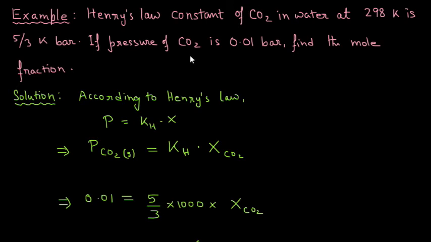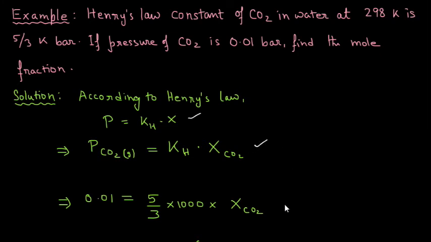Let us see one more example. Henry's law constant of CO2 in water at 298 K is 5 upon 3 K bar. If pressure of CO2 is 0.01 bar, find the mole fraction. So according to Henry's law, P is equal to KH into X, which implies that PCO2 is equal to KH multiplied by XCO2.